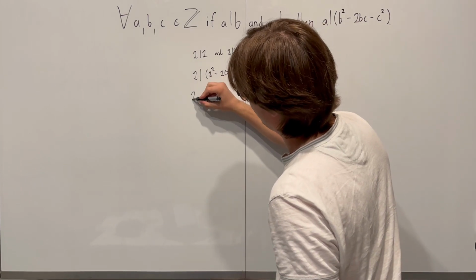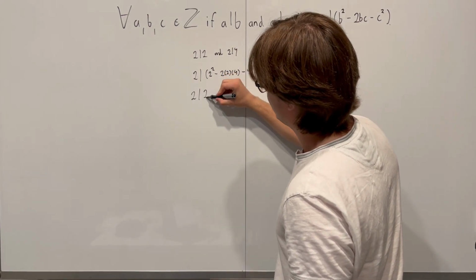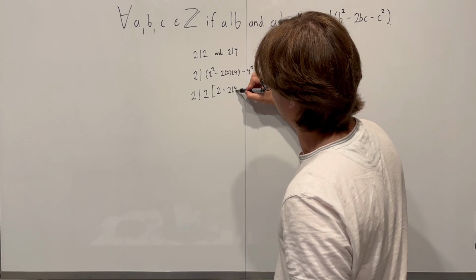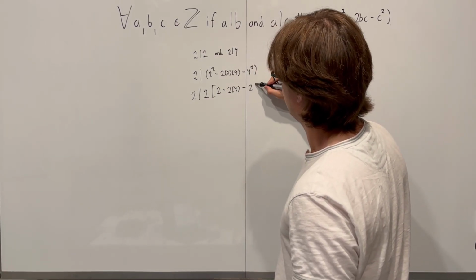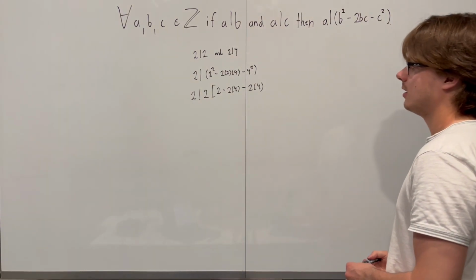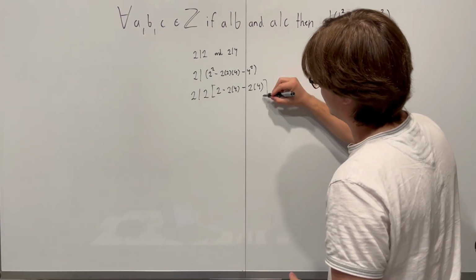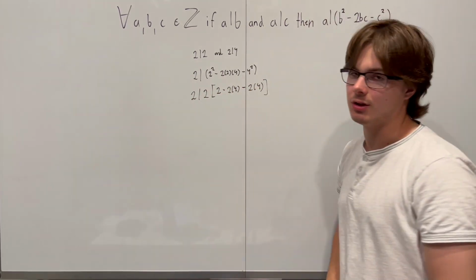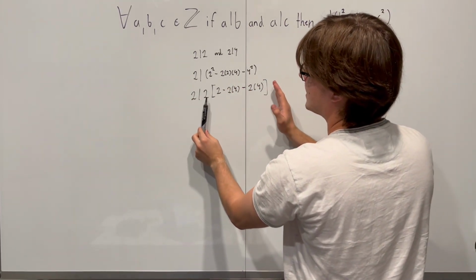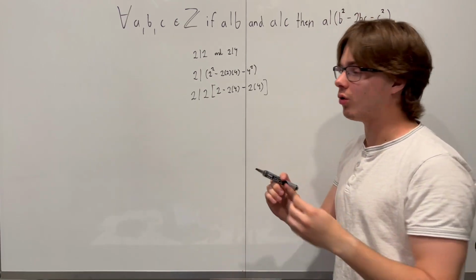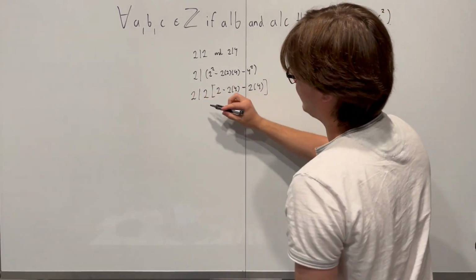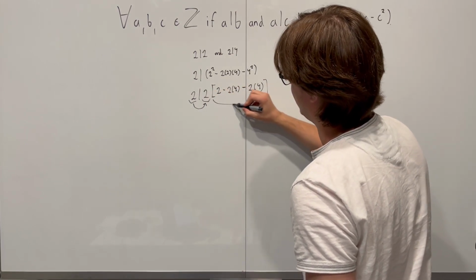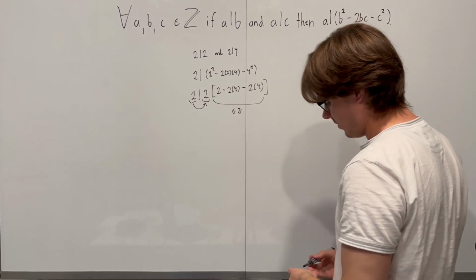So this is going to be the same as asking whether 2 divides 2 multiplied by 2 minus 2 times 4 minus 2 times 4, right? Fantastic. Oh, and let's close the bracket. So it is going to be true. The right-hand side can be written as a multiple of the left-hand side, or whatever's on the right of this line can be written as what's on the left-hand side multiplied by some integer, right?